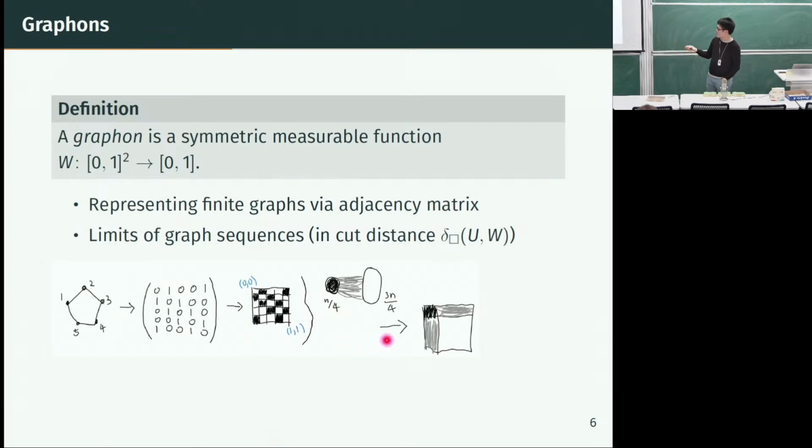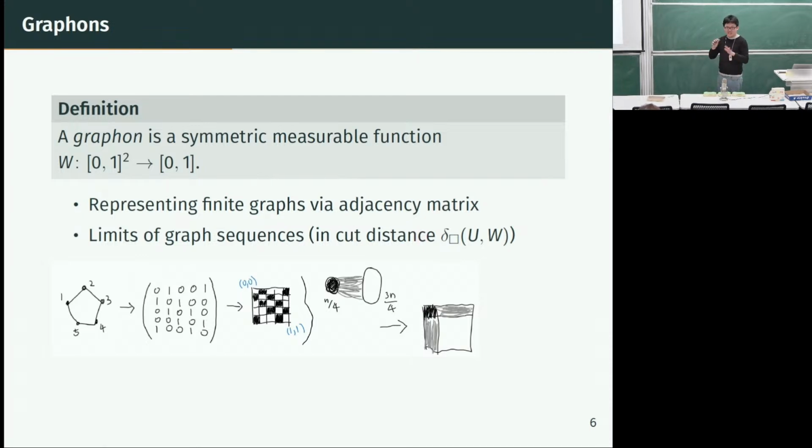If we were to take a limit, the natural limit, which is the graphon, has a square of all ones representing the clique, all zeros representing the independent set, and this random bipartite graph represented by these two rectangles with the value of a half on them.